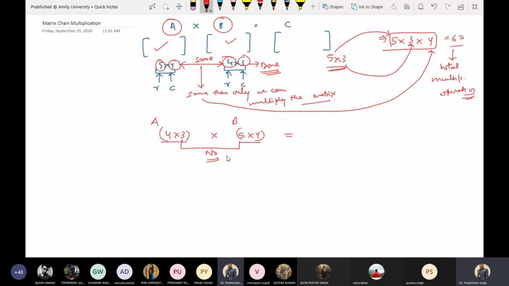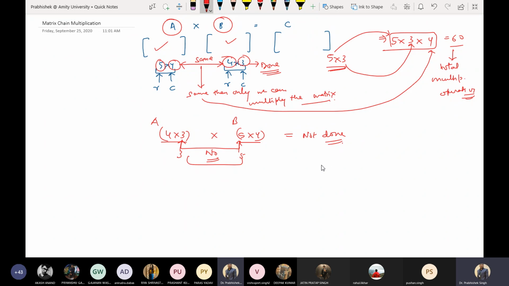No, we cannot perform matrix multiplication, because the number of columns in A is 3 and the number of rows in B is 5, which is not equal. Since it is not equal, matrix multiplication cannot be done here. So this is matrix multiplication.